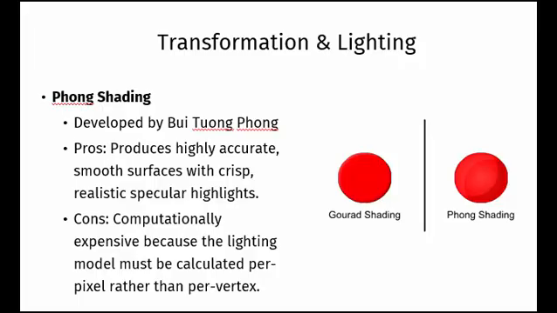So that is Phong shading. Remember, Gouraud is faster, with lighting calculated per vertex, but Phong is more realistic, with lighting calculated per pixel.